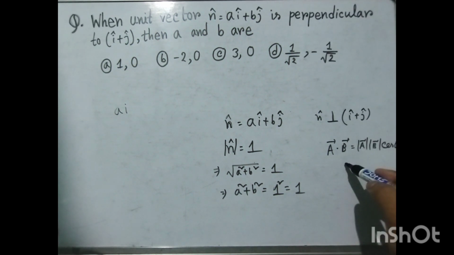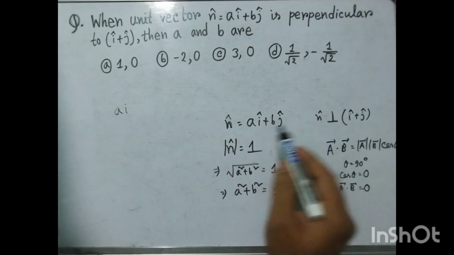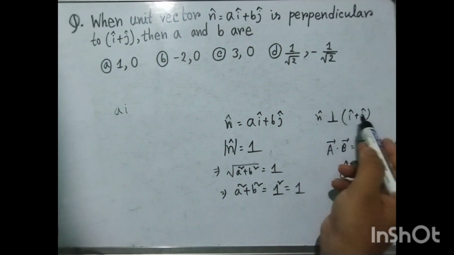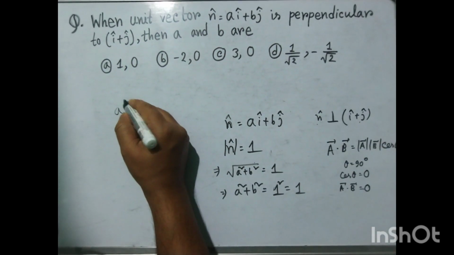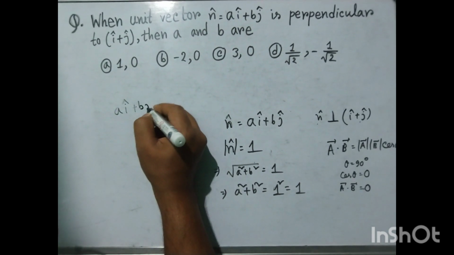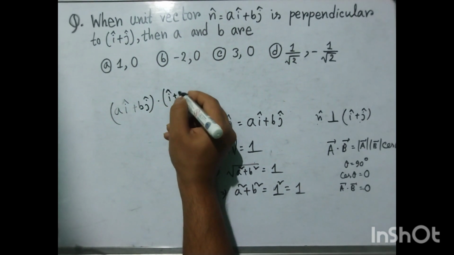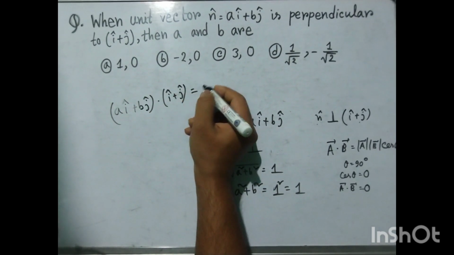So when theta is 90 degree, cos theta is 0. Then a vector dot b vector becomes 0. So if this vector is perpendicular to this vector, then the dot product of these two vectors, a i cap plus b j cap dot i cap plus j cap, must be equal to 0.